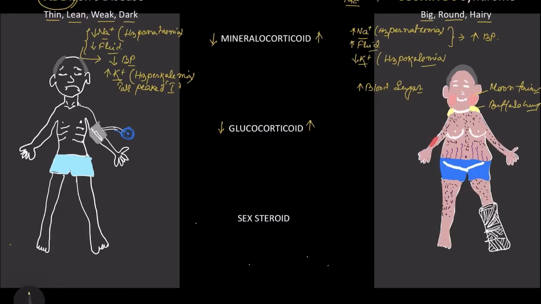Now, over protein metabolism, it has a catabolic effect. So all the protein will be reduced and broken down in the body, which will be manifested as myopathy. Proximal myopathy, where the muscle fibers or muscle proteins are broken down, is a feature of Cushing syndrome, so muscle weakness will develop.